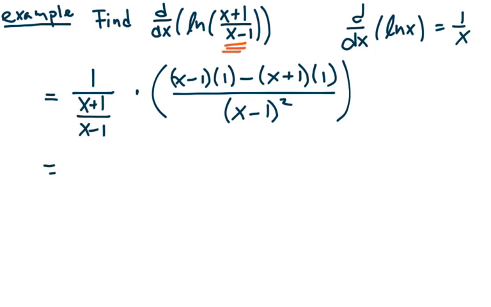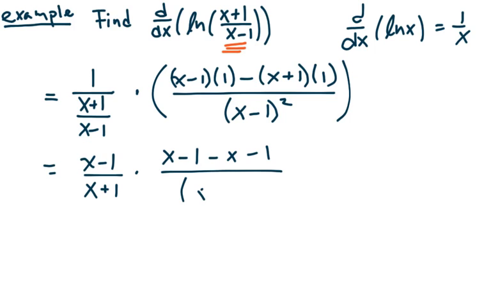And I can rewrite this first fraction as its reciprocal, x minus 1 over x plus 1. And we're multiplying that by, let's see, x minus 1 minus x minus 1, all over x minus 1, the quantity squared. So the x's, x minus x adds to 0.